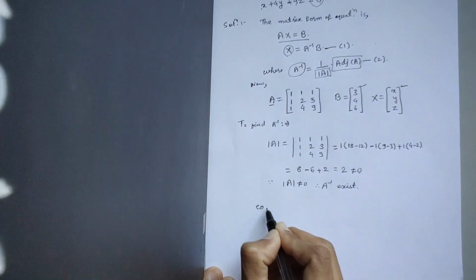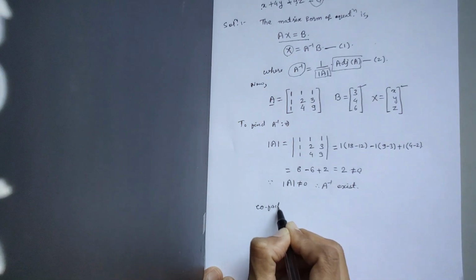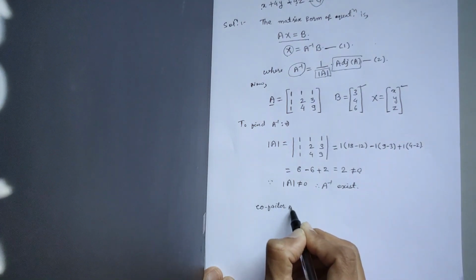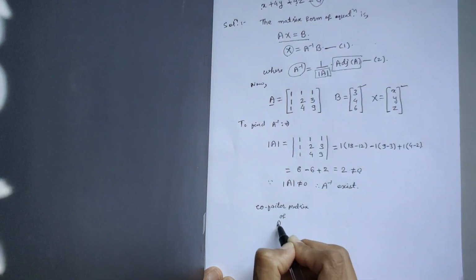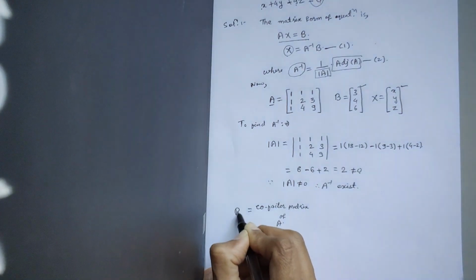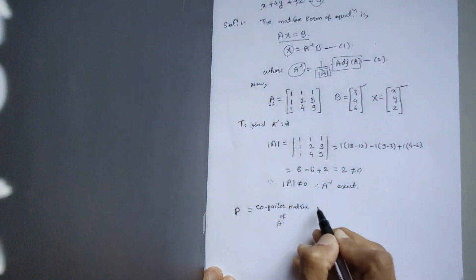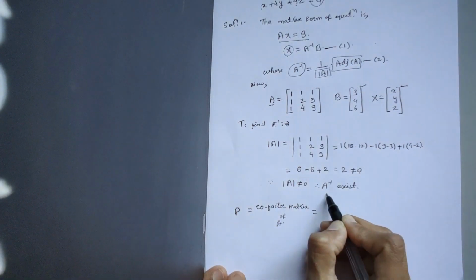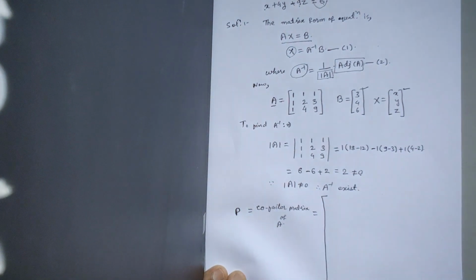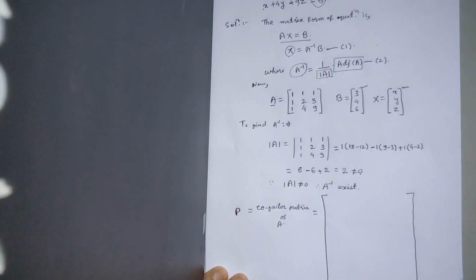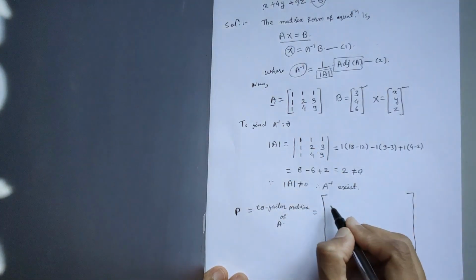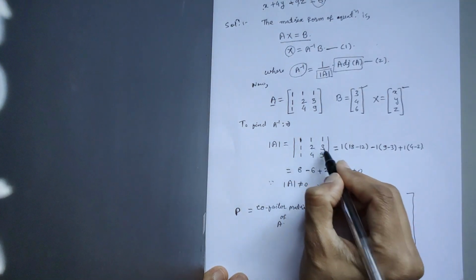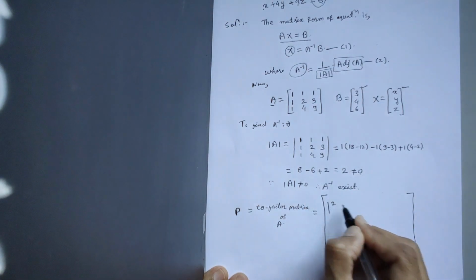For the adjoint of A, first we need to find the cofactor matrix of A. Let me name this P, because we need to take its transpose. You know that a cofactor matrix is big, so I am writing big brackets here. So what will I get? Just eliminate this row and column, so I'll get 2, 3, 4, 9.